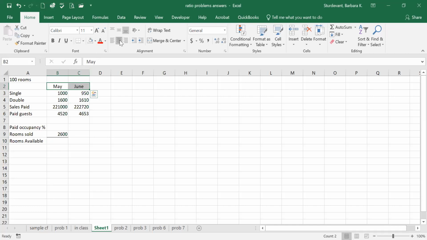How many rooms do we have to sell? Could you divide it by 100 or something? Okay, not divide, you're on the right track. But if I have 100 rooms every day, I have 100 rooms every day, so 100 times your 31 days for May.